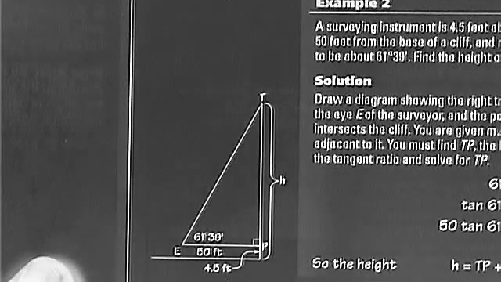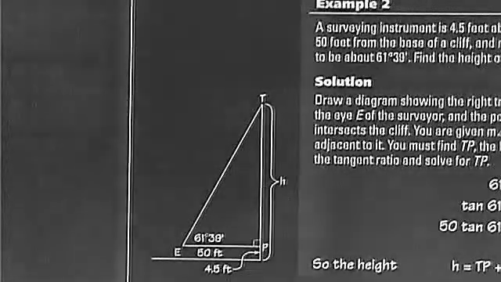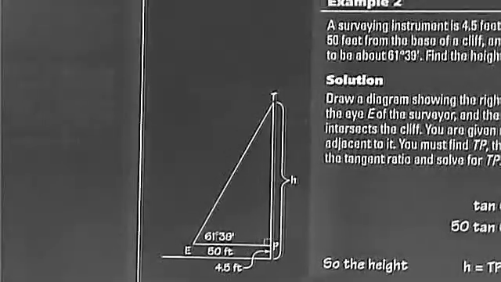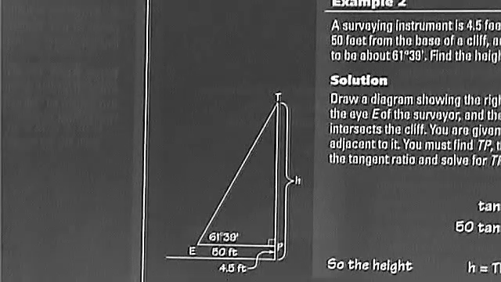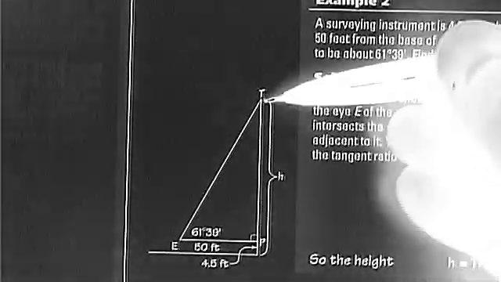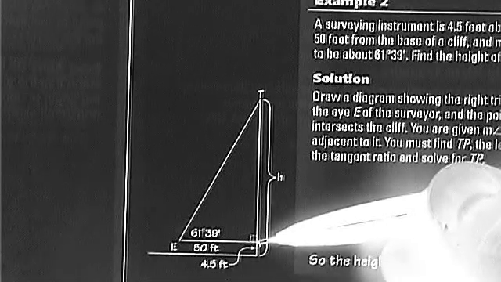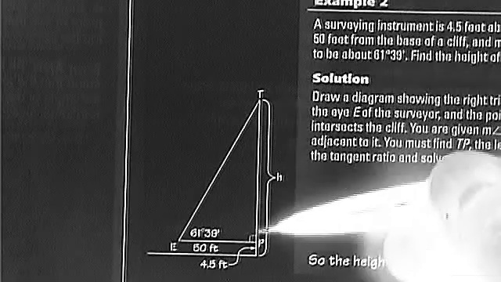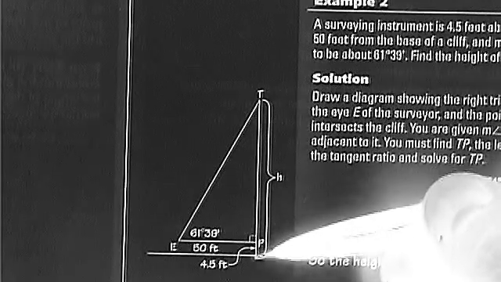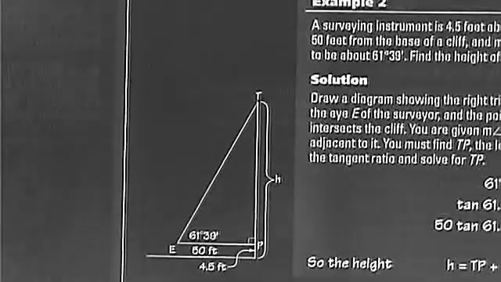So you'll be drawing a picture, and on that picture, are you using SOHCAHTOA, yes or no? It's a right triangle, correct? You'll be finding this side of the triangle, and after you find this side, what do you have to add to it? 4.5. You do have to take that into consideration in these questions.